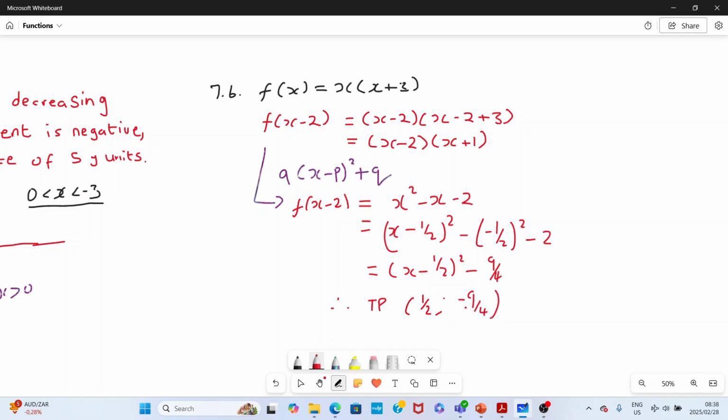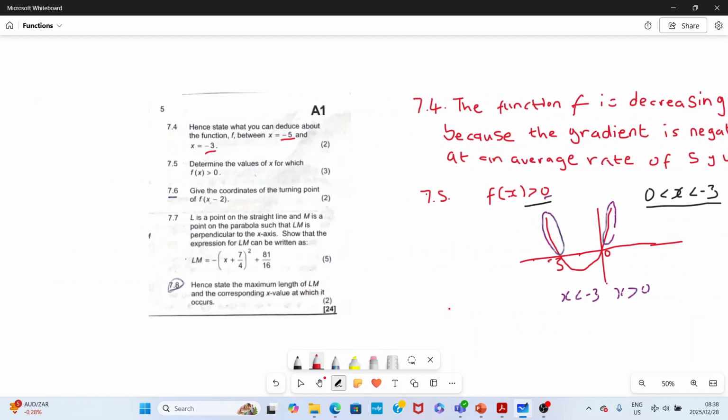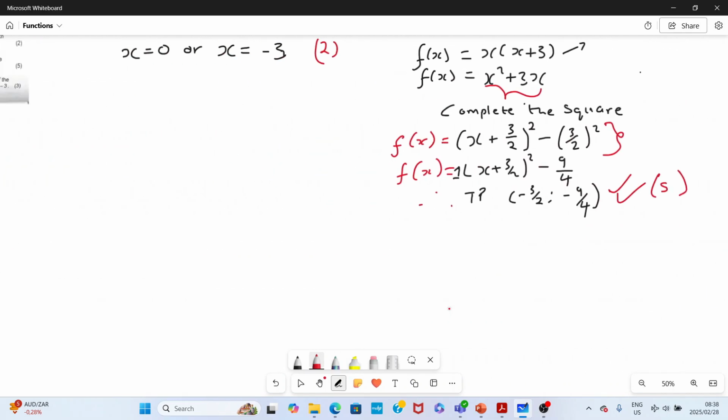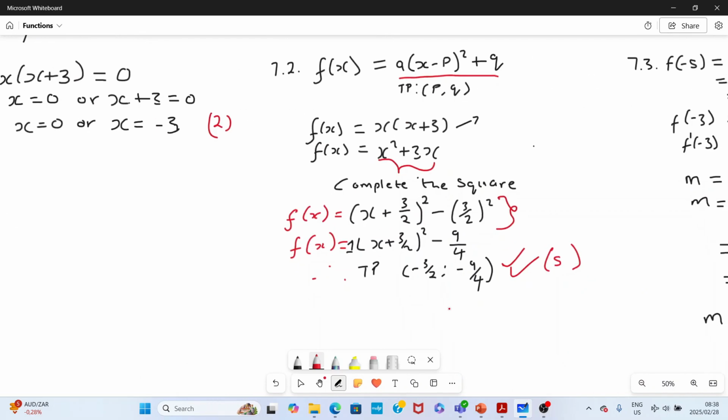If you remember last time, the turning point that we had was minus 3 over 2 and minus 9 over 4. So this still makes sense because you'll notice that our y coordinate for the turning point is still the same, but what changed is the x.